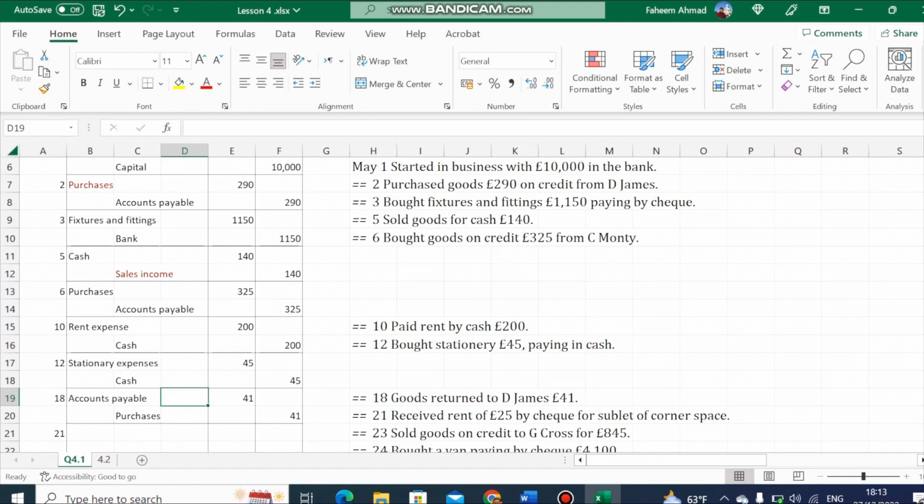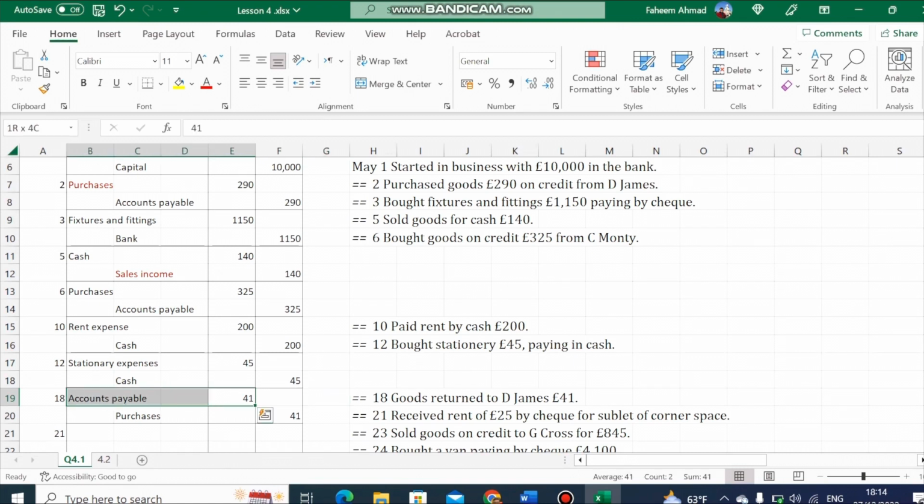What is the logic or reason behind this transaction? So we debit accounts payable 41 because we have returned goods. If we have returned goods, we are not going to pay for those goods to our supplier. When we are not going to pay for those goods to our supplier, then our liability is decreasing.